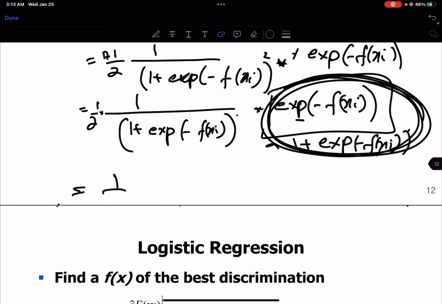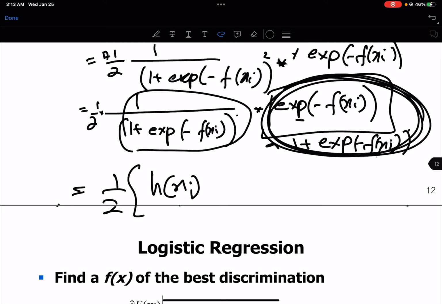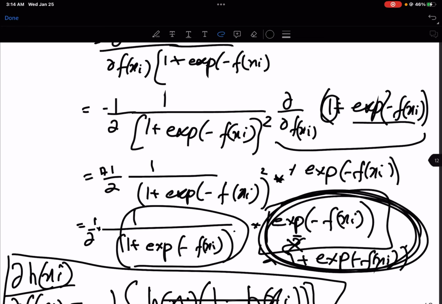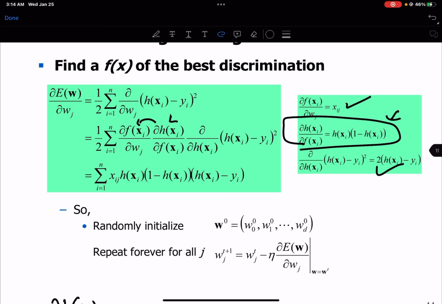This is equal to h of xi, and this part is equal to 1 minus h of xi. So the derivative of h of xi with respect to f of xi is equal to this, which is mentioned over here. Now replacing these three partial derivatives in this equation, we are left with this part.